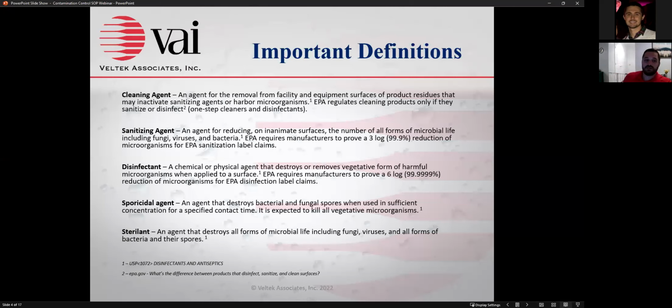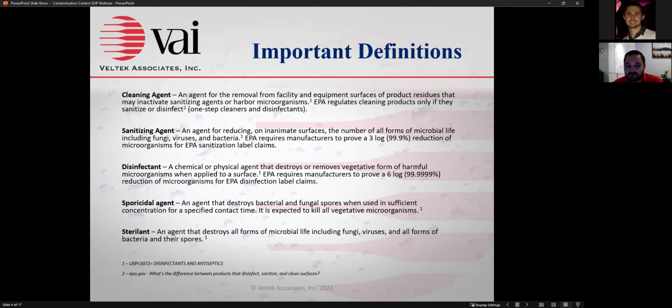The next one you'll see, and you're probably familiar with, is a sanitizing agent. For the definition, it's an agent that's reducing the number of organisms on the surface: fungi, viruses, bacteria, not necessarily a sporicidal. That's important to note.